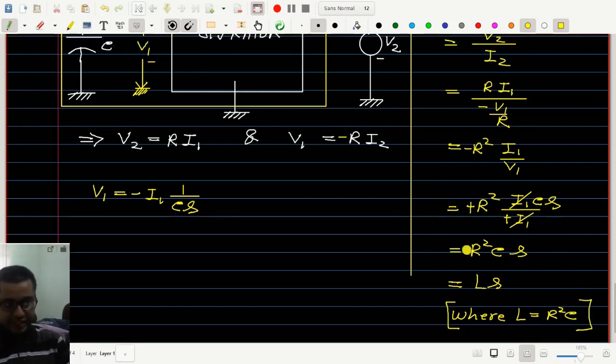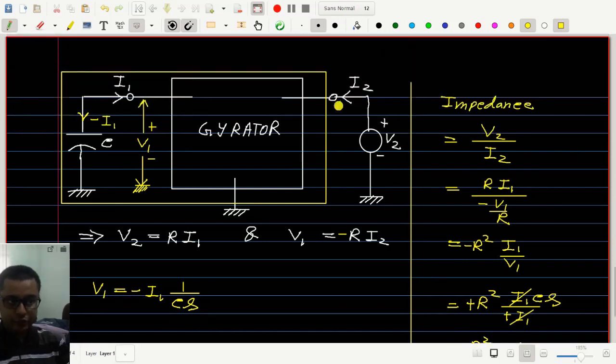So therefore, as seen from this port, this capacitor together with the gyrator will behave like an inductor, although there is no inductor in this black box. That is really surprising.